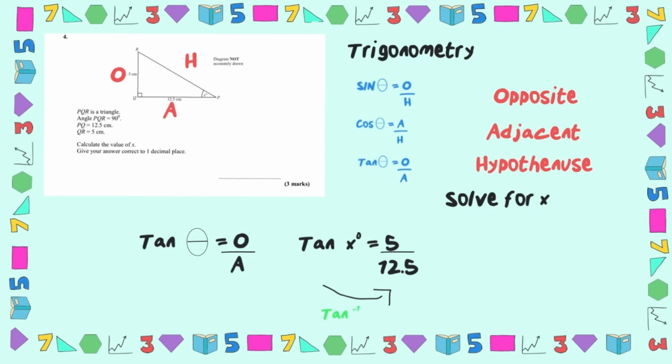So now the formula becomes X is equal to tan inverse, and then 5 divided by 12.5 inside a bracket. All we have to do is put this exactly as it is into the calculator.